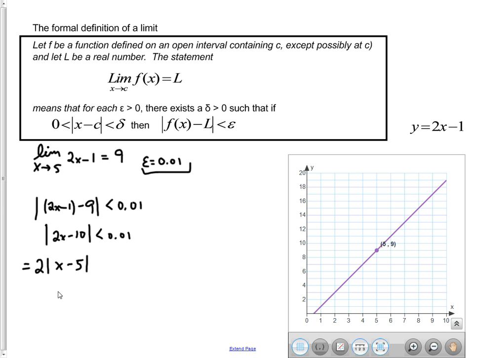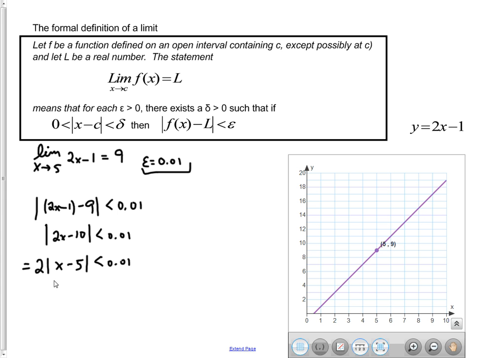If you have trouble seeing that, remember that 2 times the quantity x minus 5 is equal to 2x minus 10, and the absolute value of 2 is equal to 2. So we're just taking that 2 out, and we're saying that's less than 0.01.